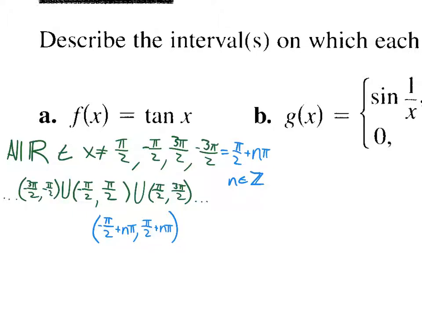Or the blue is kind of the general, covers everything. Here you're assuming the reader's going to keep going with the pattern. The blue actually states the whole thing. I'm just giving you some options there.